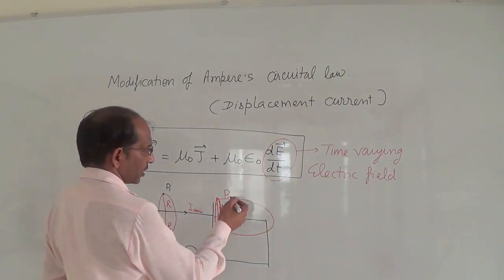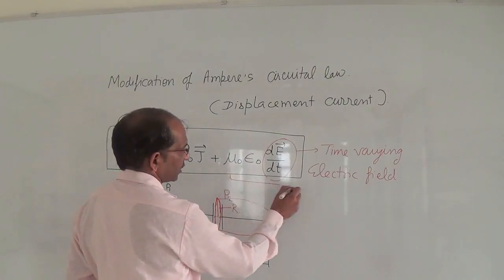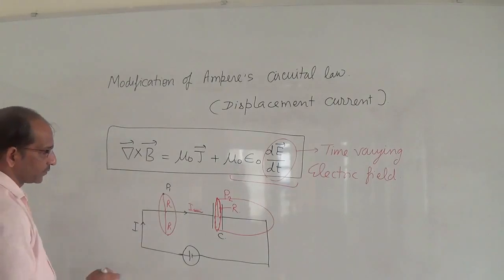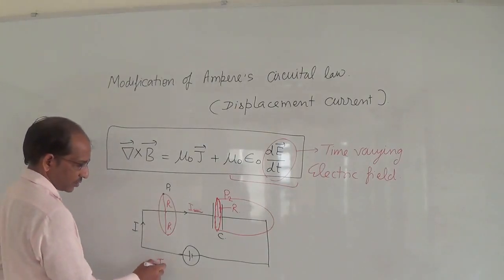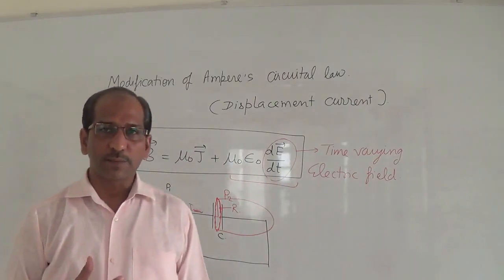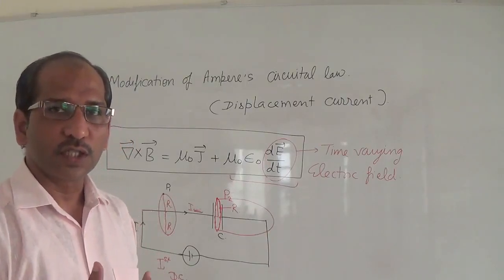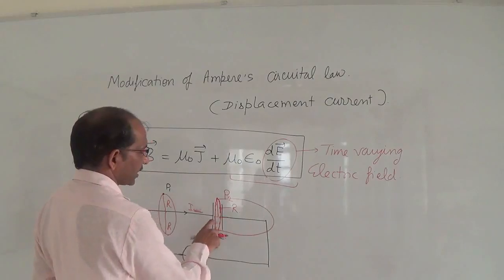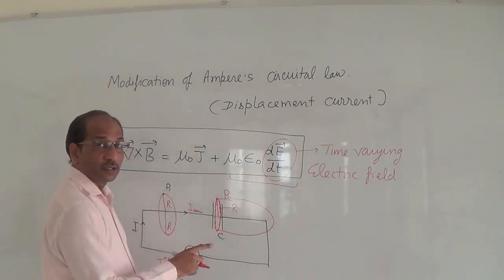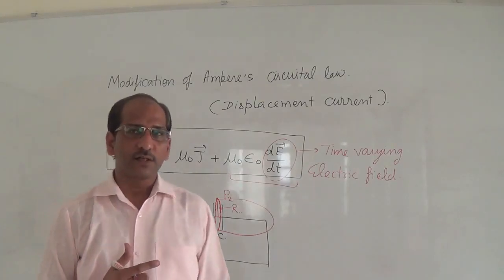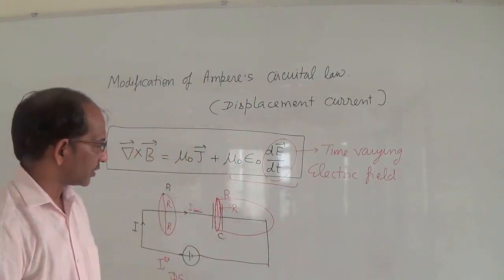So now if I introduce the displacement current, then what will happen in this particular situation? In the first case I have used direct current, and we know that a capacitor basically blocks the current, and there will be no current in between the capacitor. So as a result there will be no magnetic field for this situation.